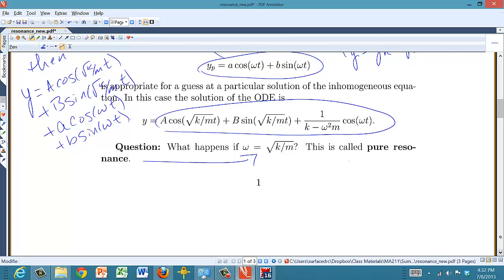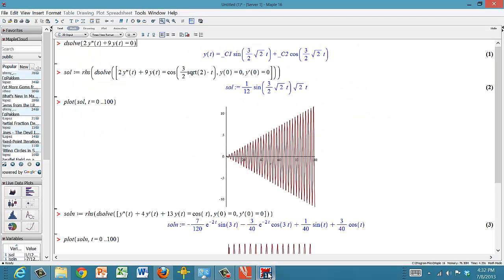Now let's just take a look at what happens when I force things at the natural frequency. Let's go ahead and we'll start Maple up. I've already got a little Maple worksheet for us. Here I've got the general solution to the unforced system, and you can see our natural frequency for this system is 3 root 2 over 2.